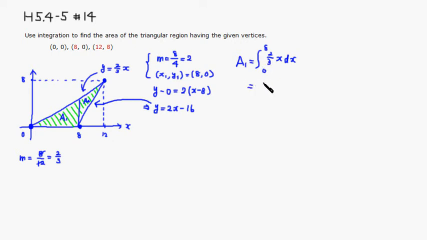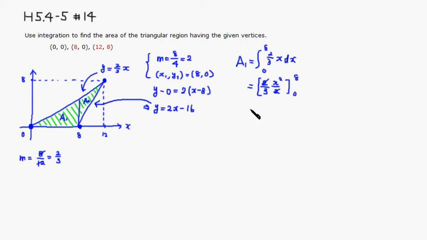We have 2/3 times the antiderivative x squared over 2, so the 2's cancel out, going from 0 to 8.